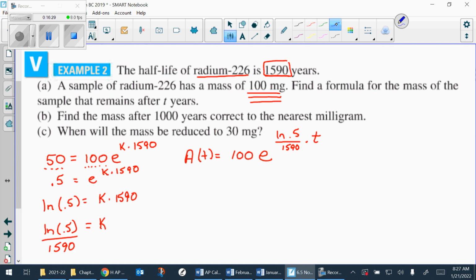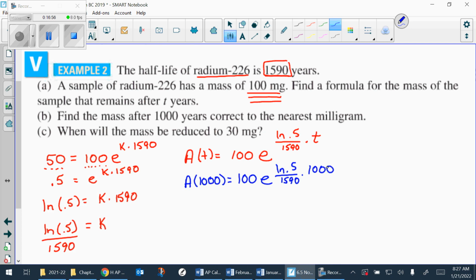Now for part B, and I'll do that in blue, find the mass after 1,000 years. Well, okay. The amount that we have after 1,000 years: 100 e to the natural log of 0.5 over 1590 times 1,000.